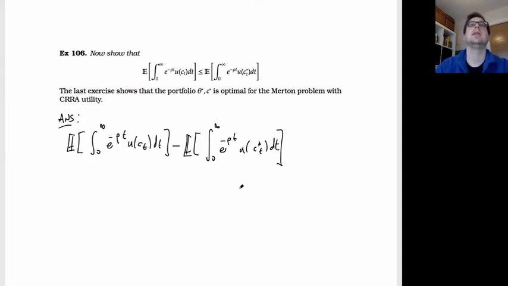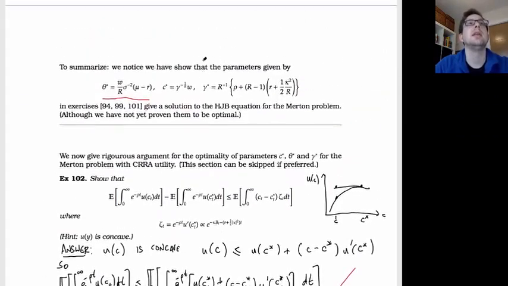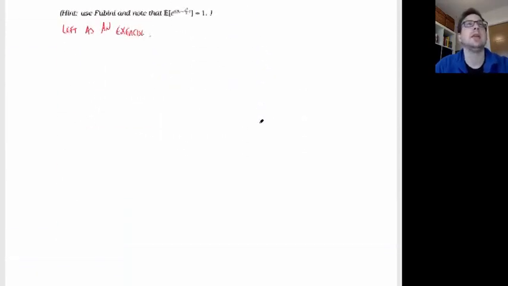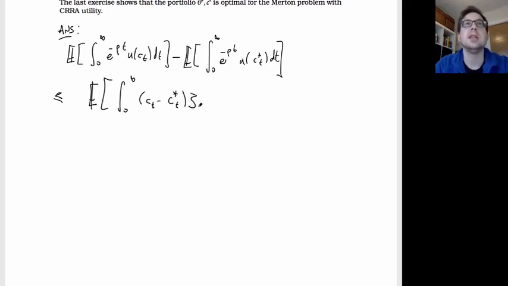This guy we showed in the first exercise we tried is less than this integral, specifically E integral 0 to infinity c of t minus c star of t times zeta of t dt.